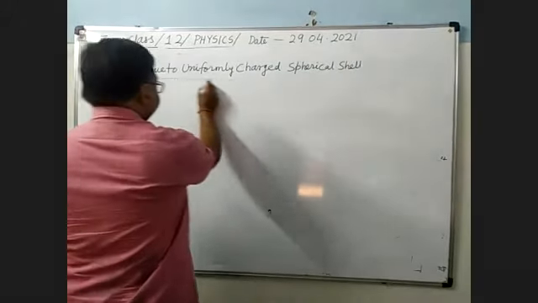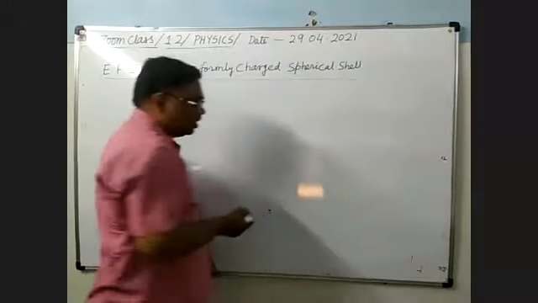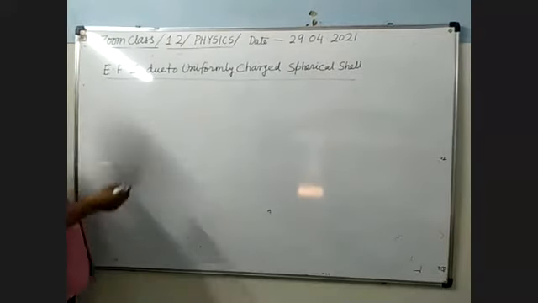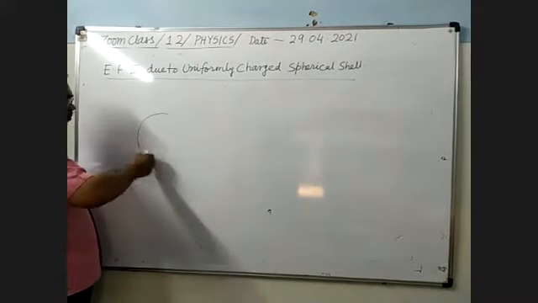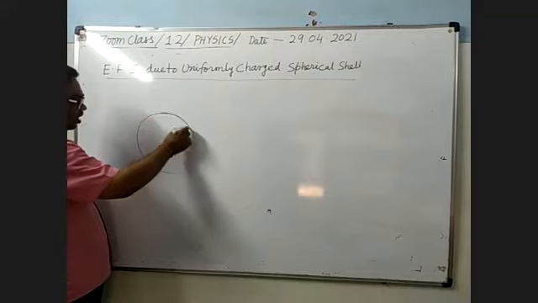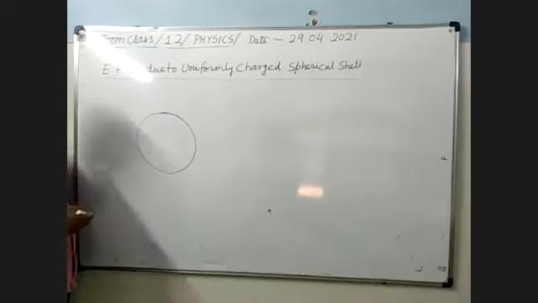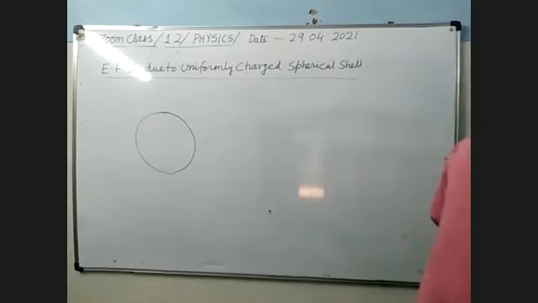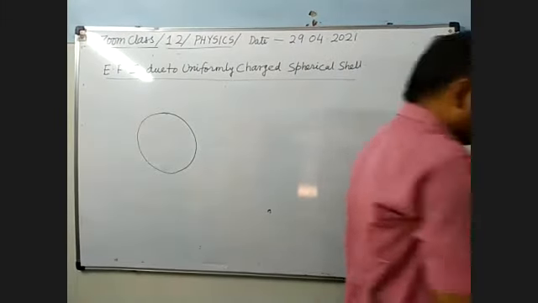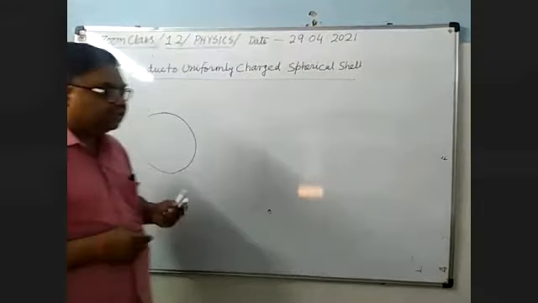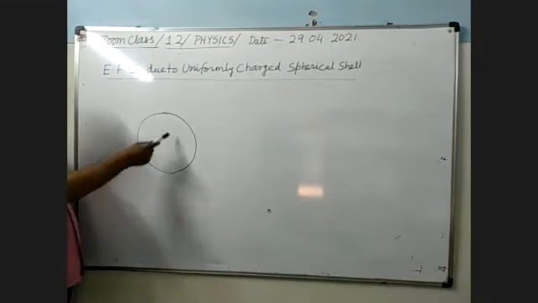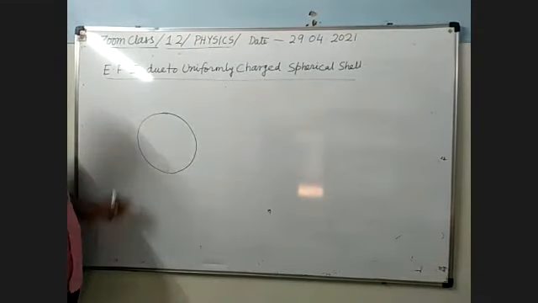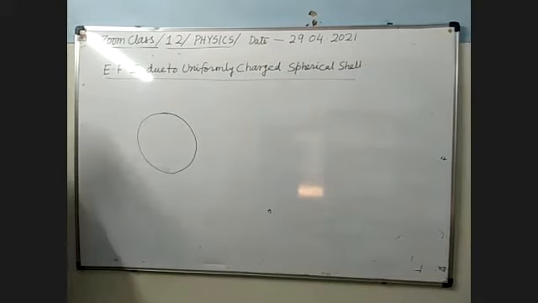Now, what is the difference between spherical cell and sphere? In the spherical cell, material is only on the outer surface. There is no material in the interior of it. अंदर कोई मटेरियल नहीं, जैसे फुटबॉल होता है उस तरीके से स्फेरिकल सेल.